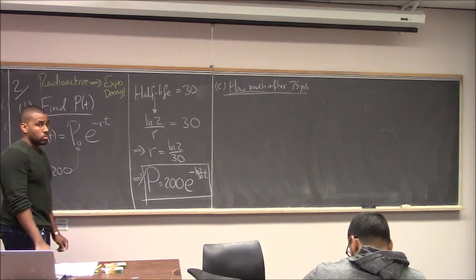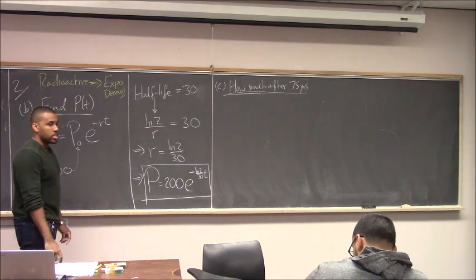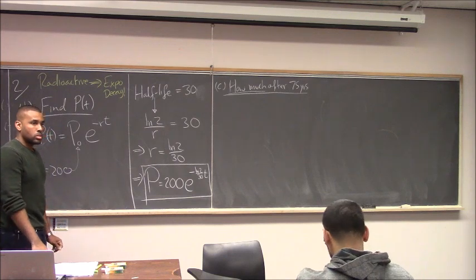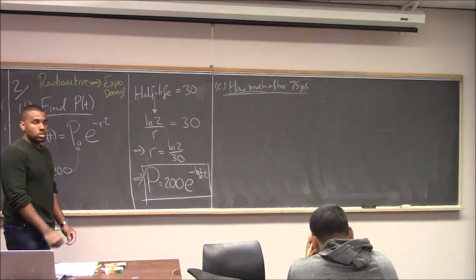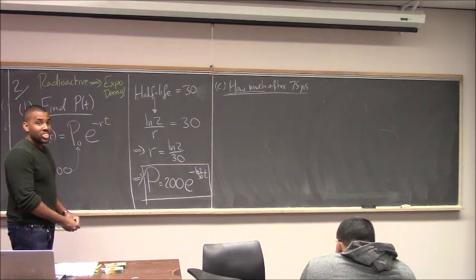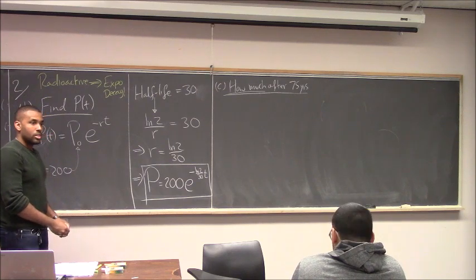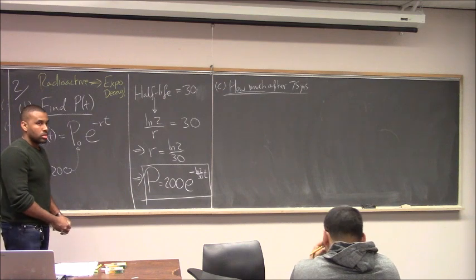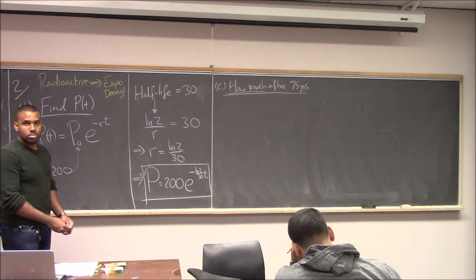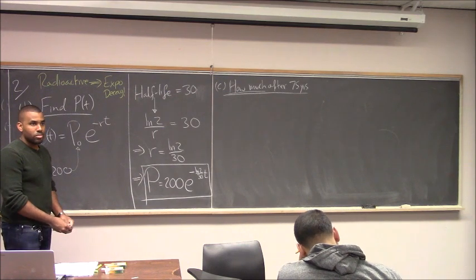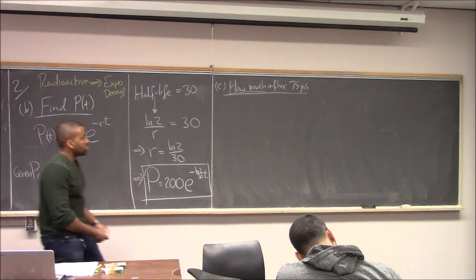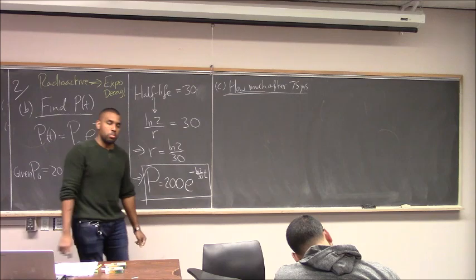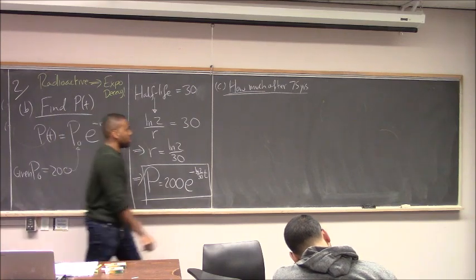Quantity, okay, and who represents the amount of the quantity that we have? They're asking us for how much. What is how much asking for in terms of a symbol? P. It's asking for the P.